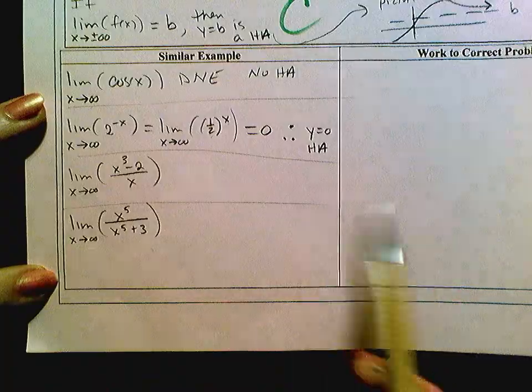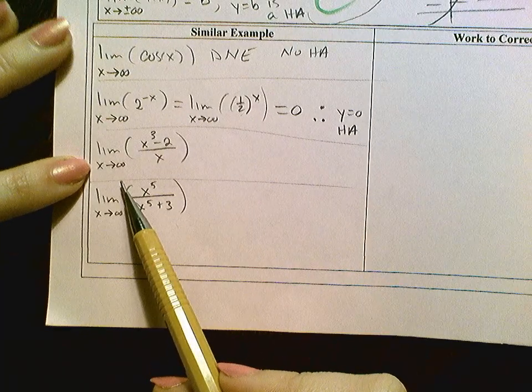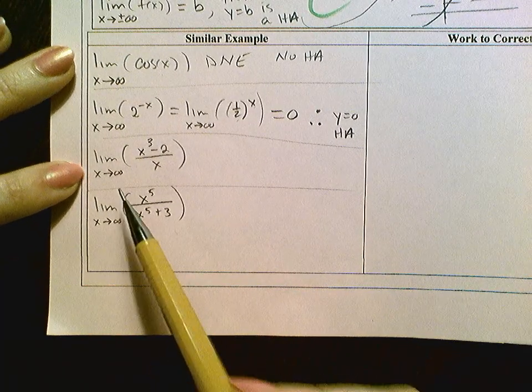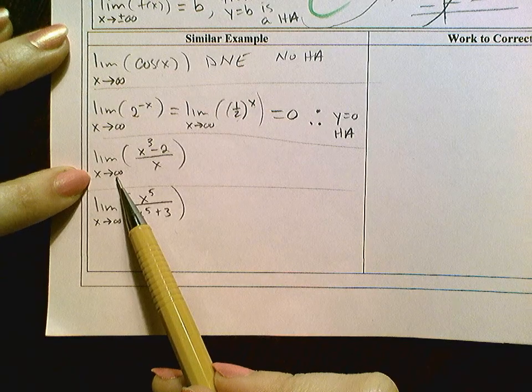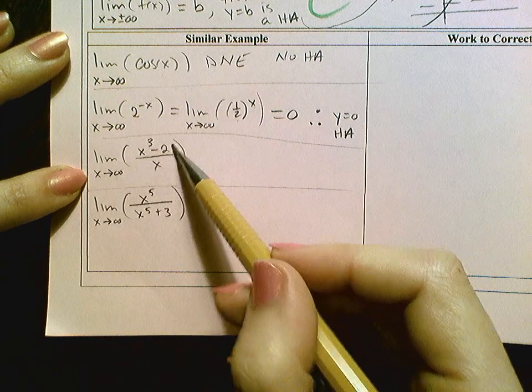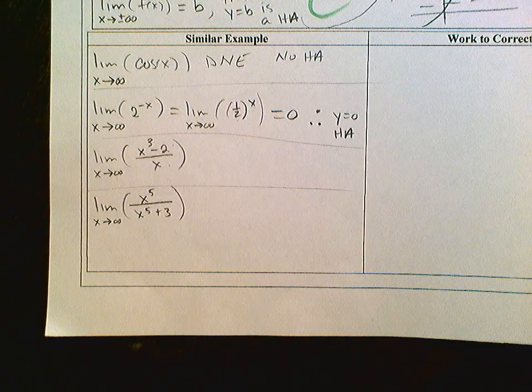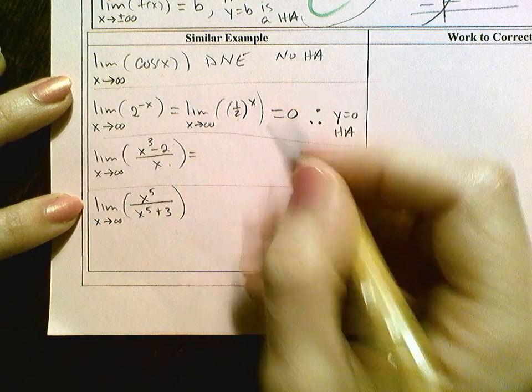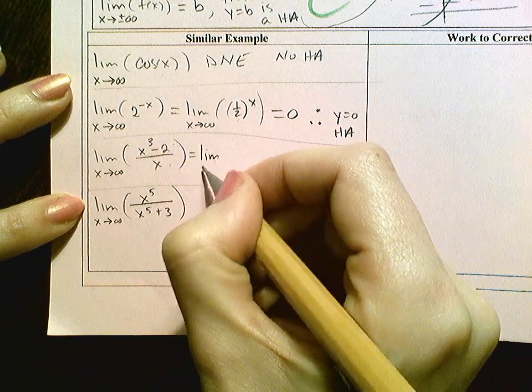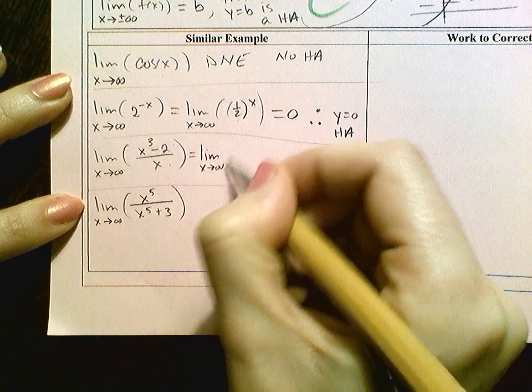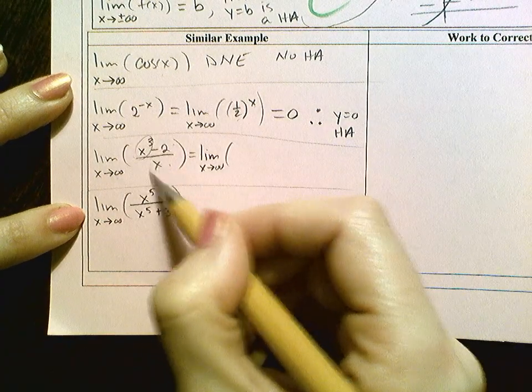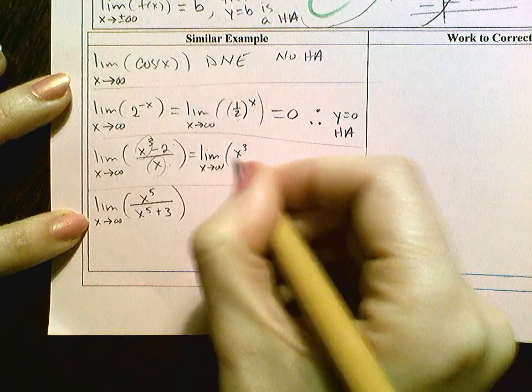Now this one here, if you're doing a limit, there's something called the end behavior model. For x approaching positive or negative infinity, if you've got a polynomial over a polynomial, you could just look at the end behavior. And what's controlling the end behavior are the highest powers. So you could just go x to the third over x.